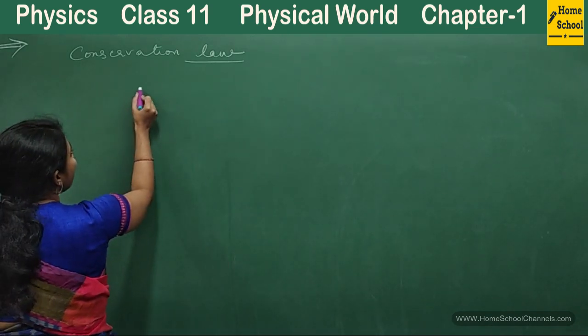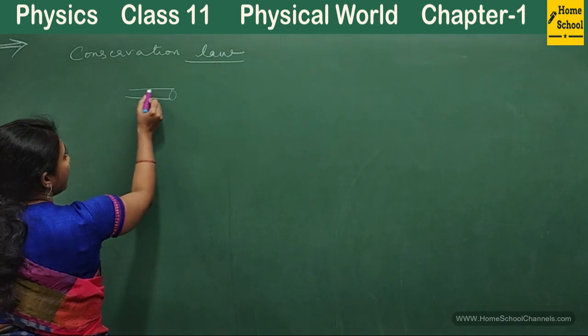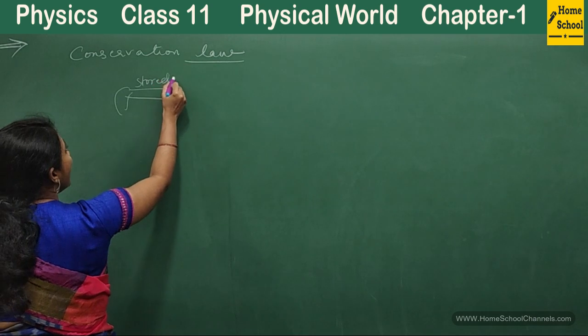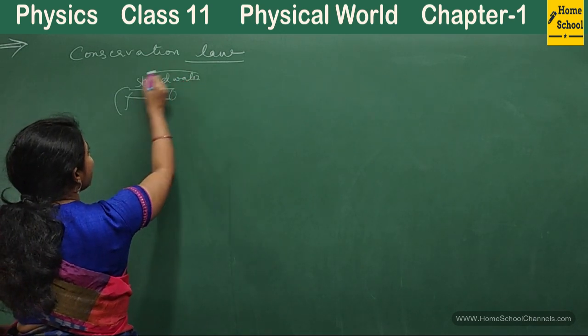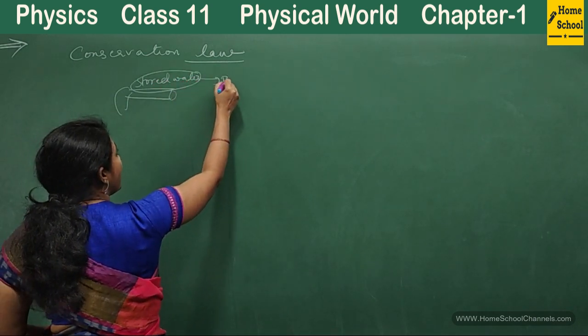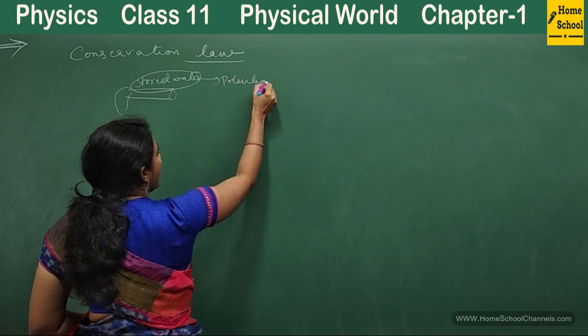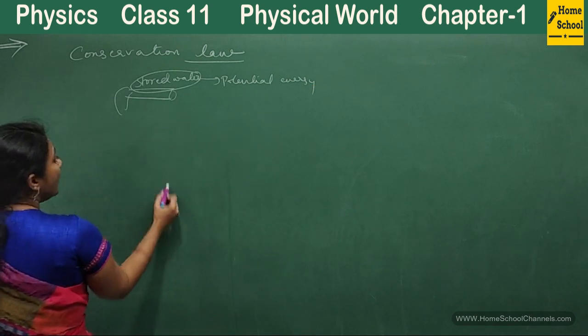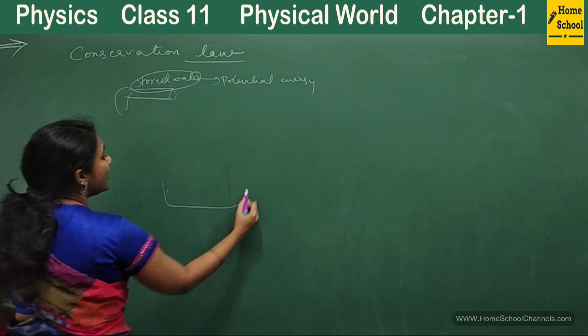Say in this tap, you have some stored water. Stored water has some energy which I can call potential energy. Okay, so I want to fill this water in a bucket.